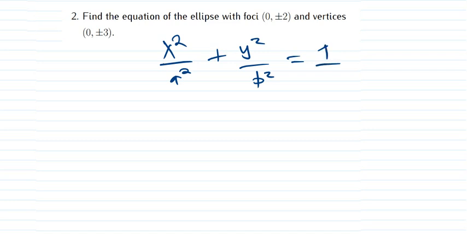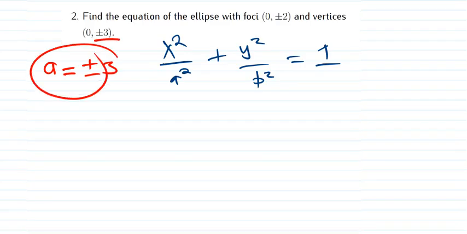And the secret is your a is supposed to be bigger, right? So the vertices are the ones that we favor. Okay, so they are the ones that we are getting the value of a from, right? So a is plus or minus 3. Now the question is, is it along the y-axis or the x-axis?